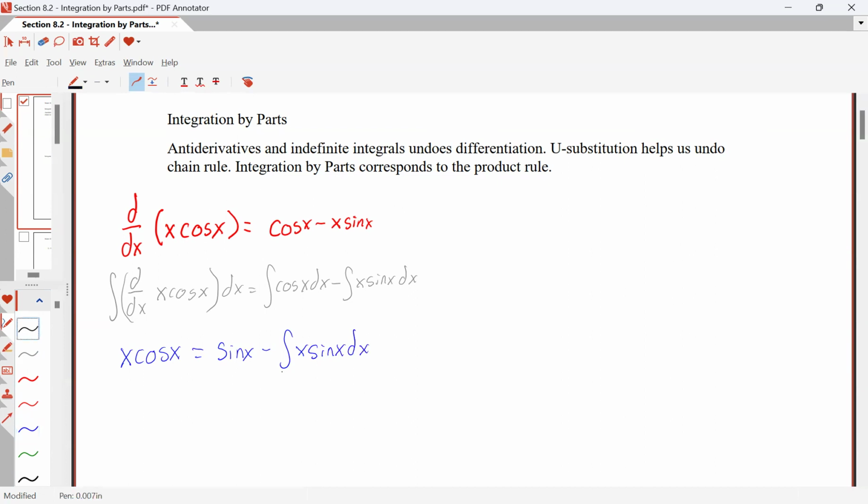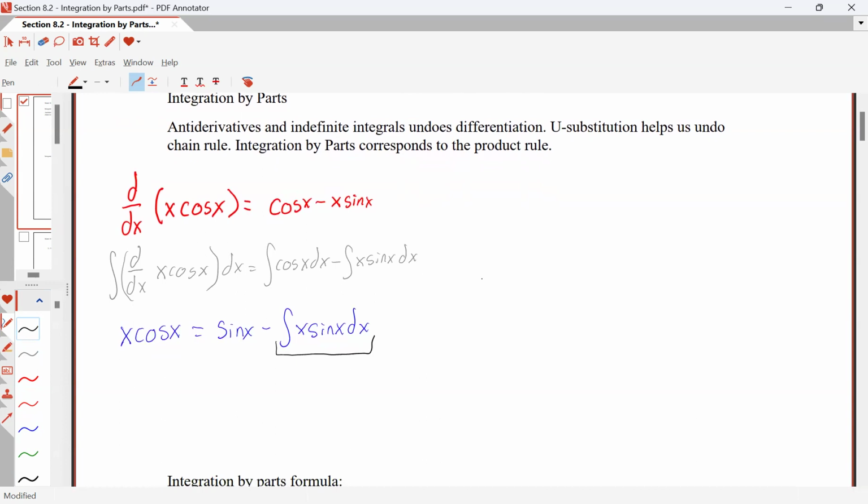However, as I just said, we don't yet know this integral, but I've just created an equation. We could solve for it. We can add the integral of x sine x to both sides.